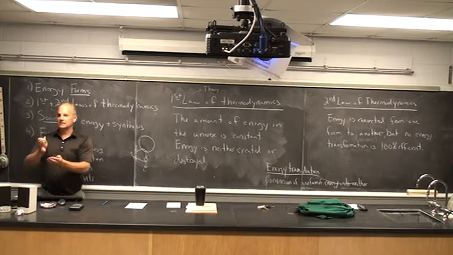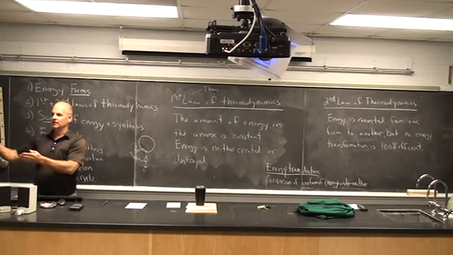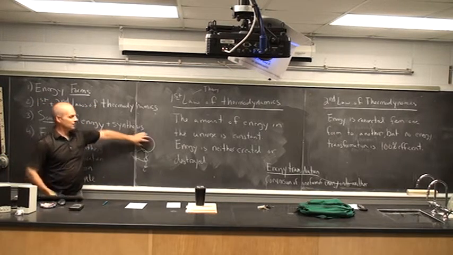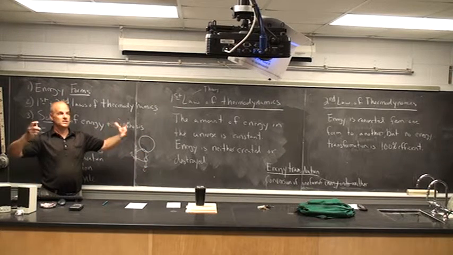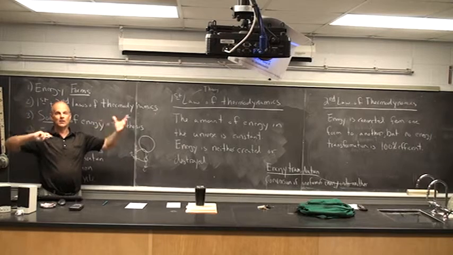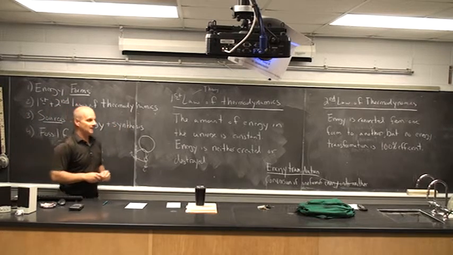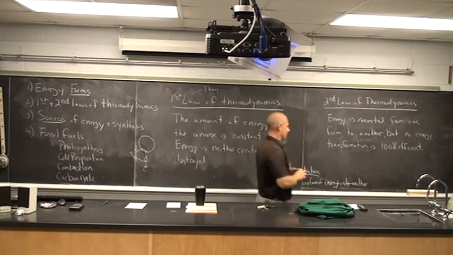Every conversion, I'm slicing off little chunks of heat. What's all of this energy eventually going to become? Heat. Heat is just the kinetic movement of molecules. And this is called entropy.